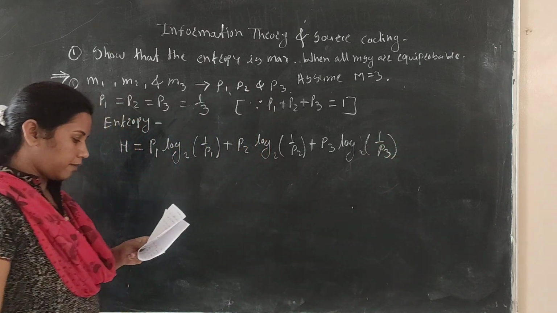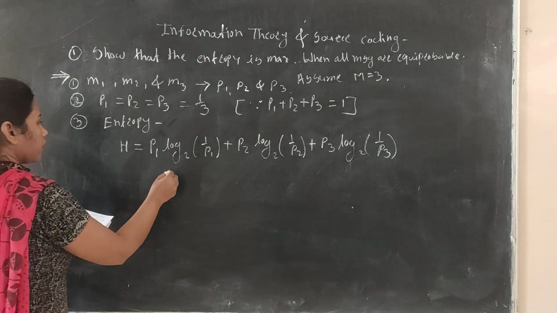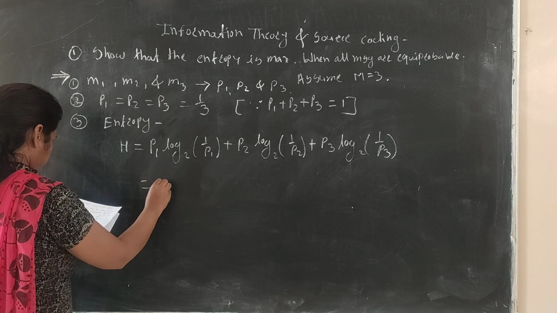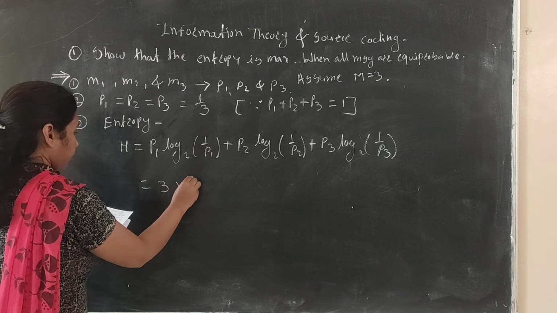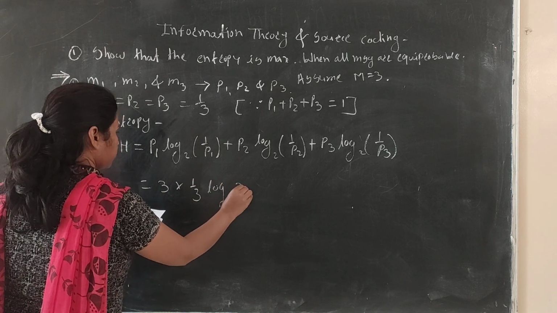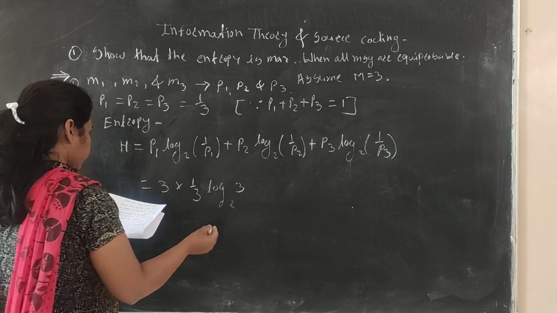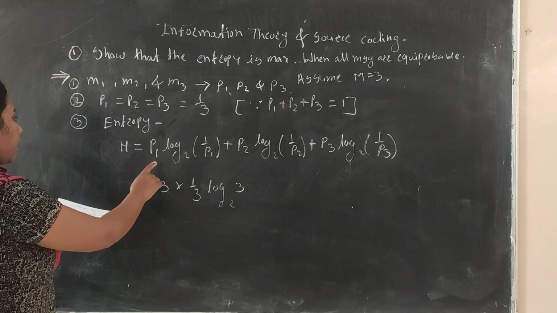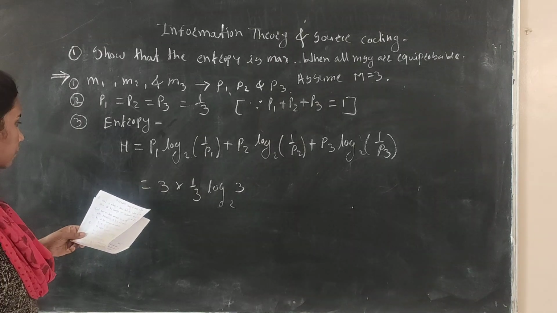By putting the values here we get 3 into 1 by 3 log to the base of 2 of 3, because each probability is 1 by 3.